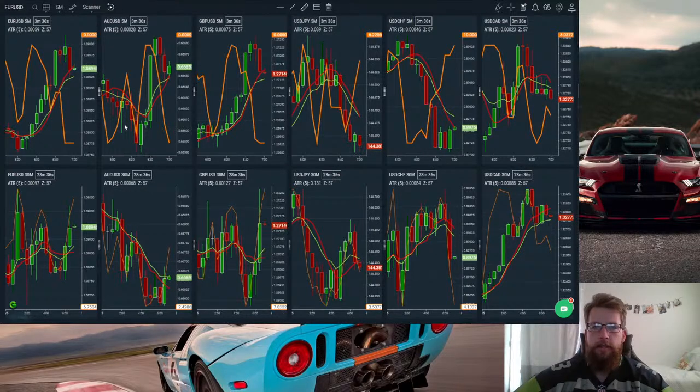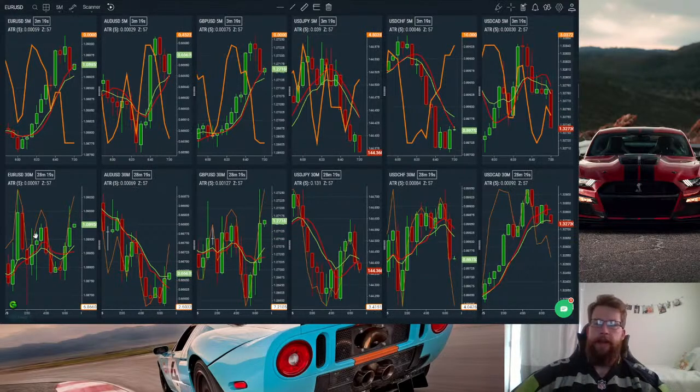We're looking for these to both be facing the same direction, and we're looking for confluence on each chart. So pointing up, we'd want base pointing up, and then we can look for an entry on the 1-minute chart.